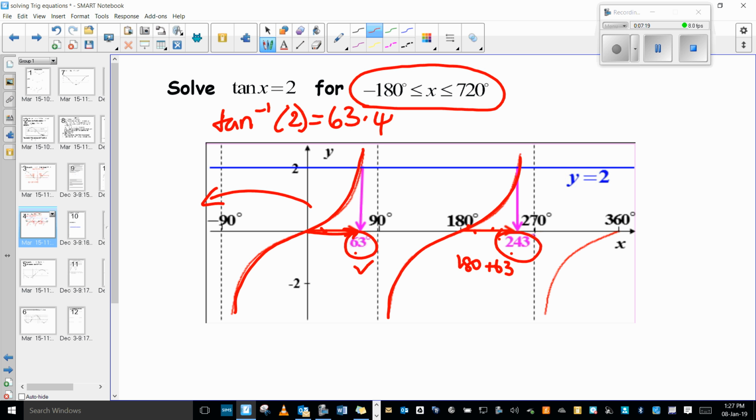It's the opposite. Because it repeats every 180 degrees, yes? So if you're trying to find this direction, we add 180. If you're trying to find this direction, we subtract 180. Makes sense? So we're going to do 63 subtract 180. What do we get? Negative 117.